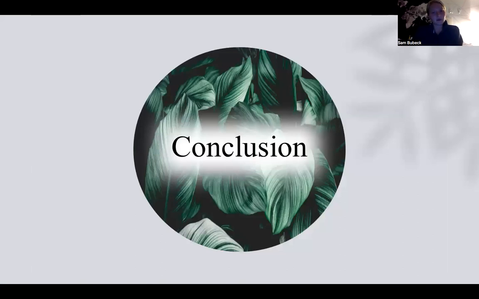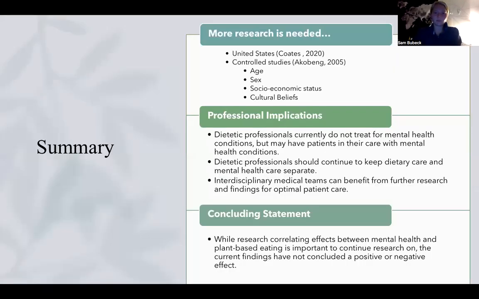So we will continue on to our conclusion. I have concluded that more research is needed. Specifically in the United States, I find it important. Coates 2020 talks in depth on how there's a lack of research in the United States in comparison to other countries. And it was very obvious when I was doing this research that that is true.